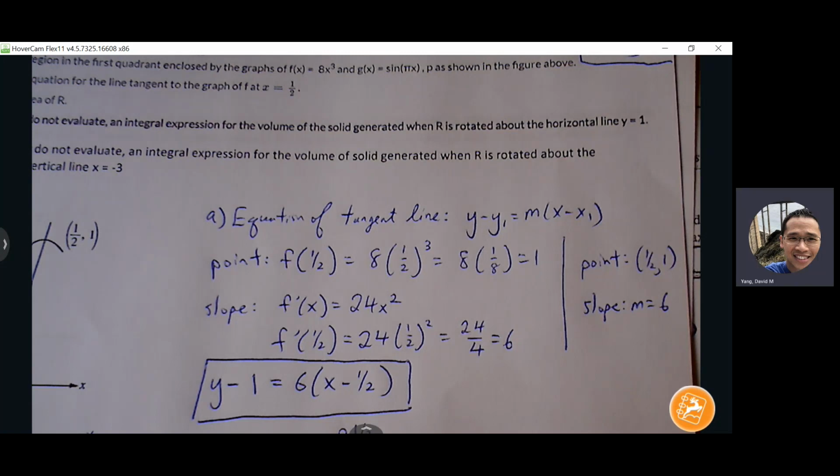Okay, so finish that equation. I plugged in the 1/2, but they already gave me the ordered pair, so I'm just going to rely on that. But if I didn't have the y value, I can find it just given 1/2. Slope comes from the derivative, so for f of x, you can find f prime using the power rule. Then plug 1/2 into the derivative to get your slope, and then point-slope form.